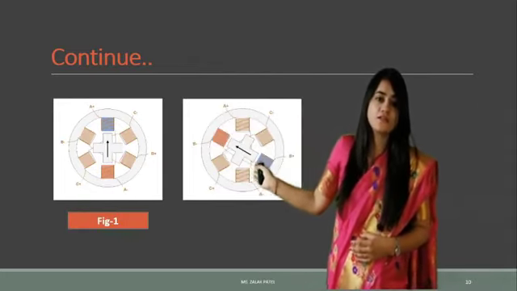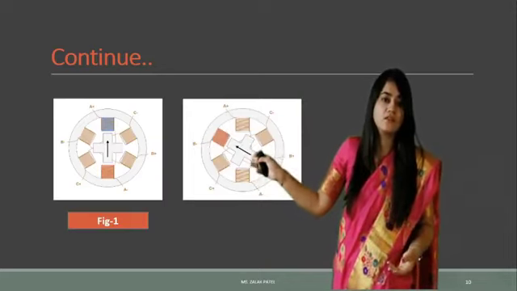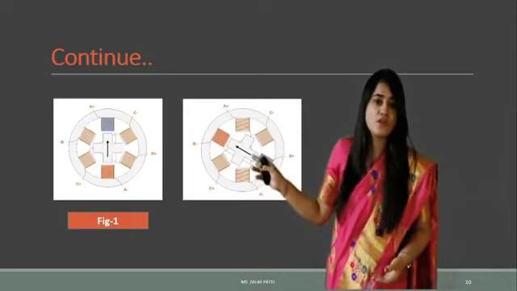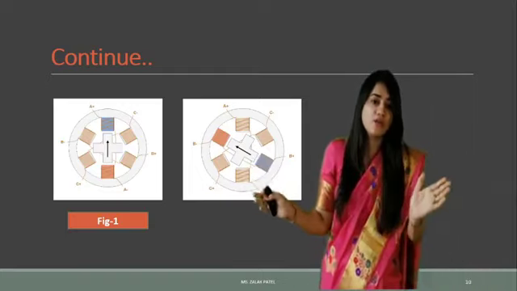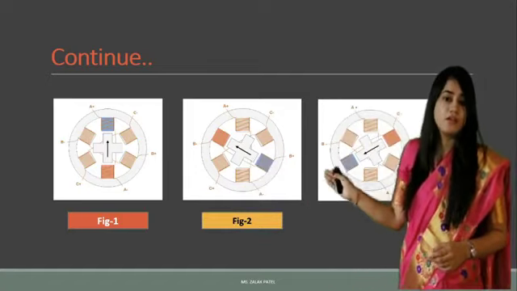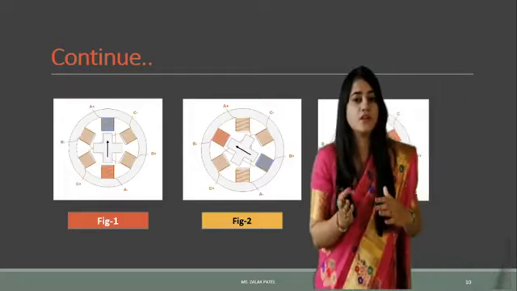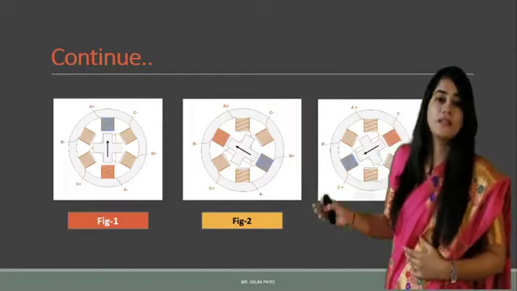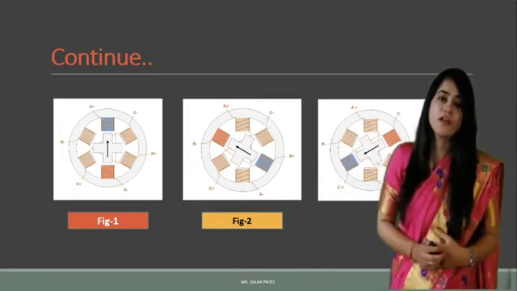Here it has some 60 degree movement, and the position of the arrow shows it moving to some angular position. In the last figure, the angular position is completely changed and the arrow has another 60 degree movement.